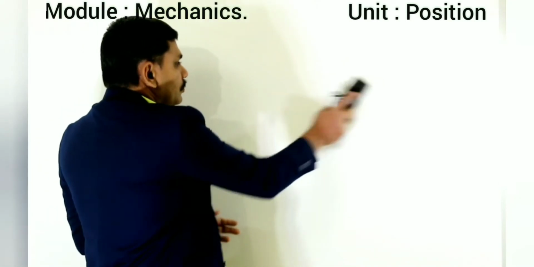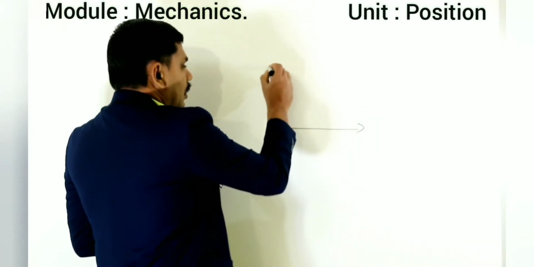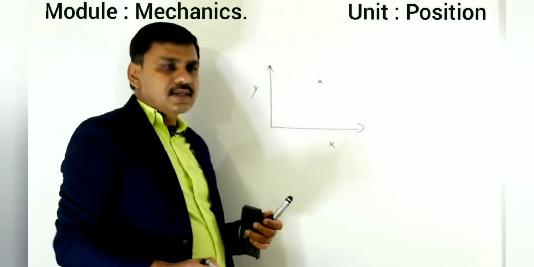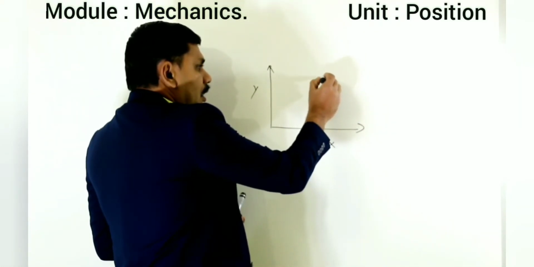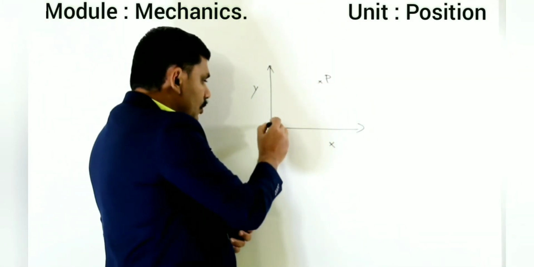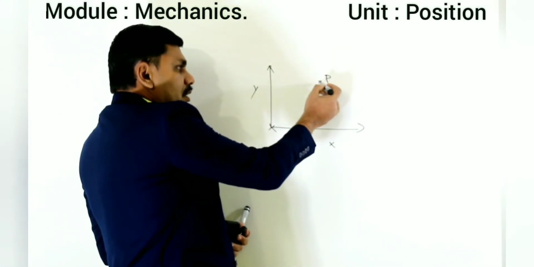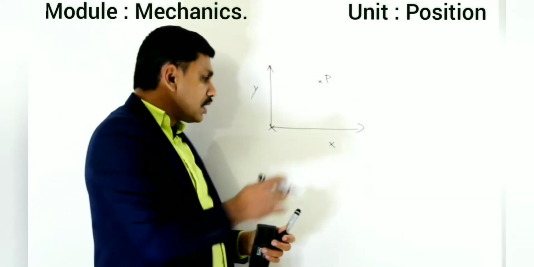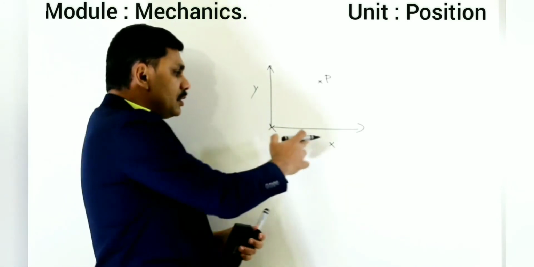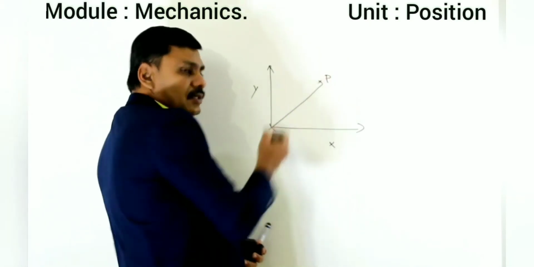For example, if you draw the x and y axis, suppose there is an object here, marked as P. With respect to the origin, the object is at a distance. We are using this xy axis, and with respect to the origin, the object is at a distance.